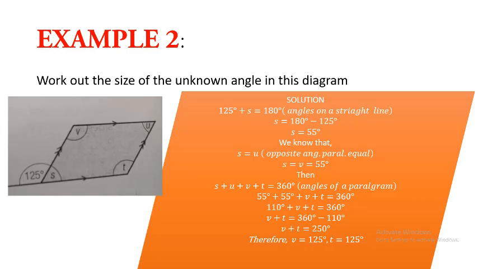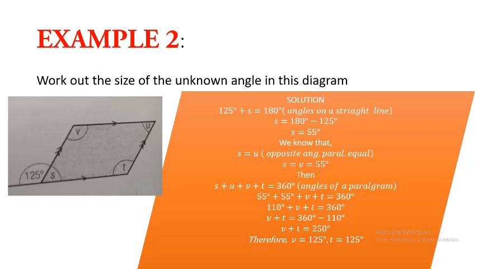Now here we have example 2. The example says work out the size of the unknown angle in this diagram. So we have a diagram here. If you check inside the diagram we have four angles, and if we check it, we identify that the diagram is a parallelogram.